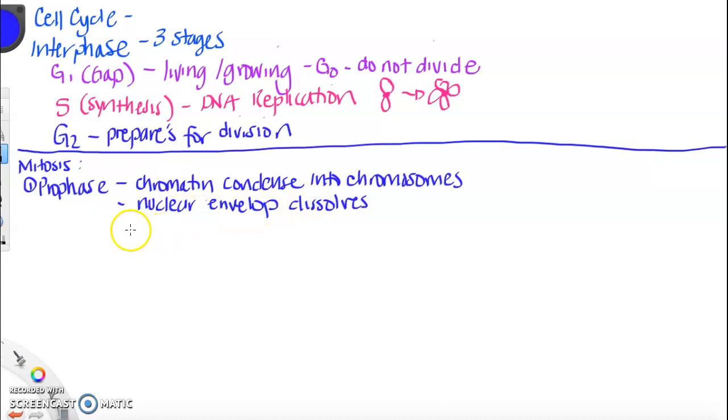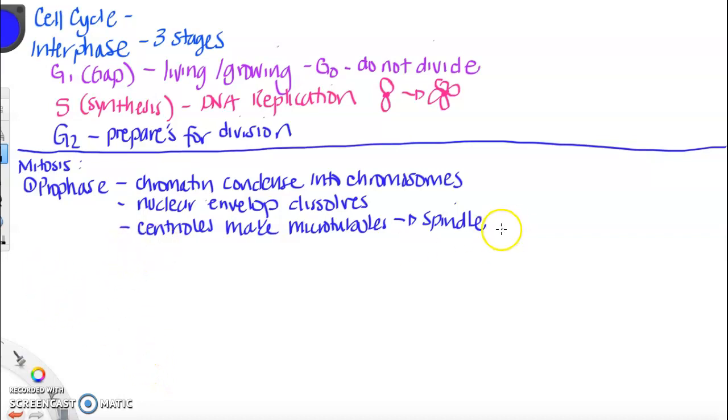The centrioles make microtubules that will be the spindle. And they separate to go to opposite sides of the cell.